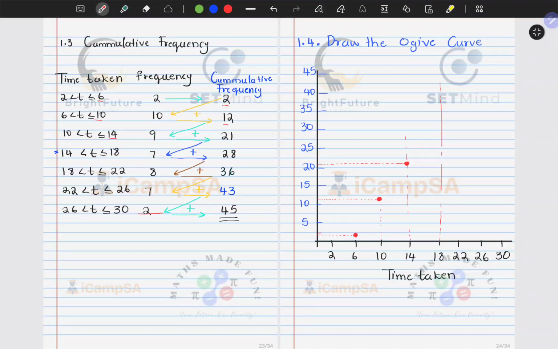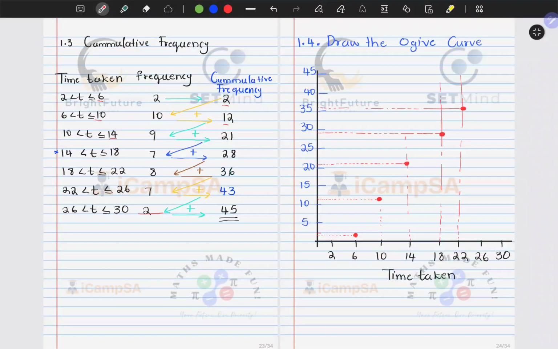So with 18, if you look carefully, we're at 28. And 28 is just below 30. So it should be something like that. Then we go into 22. So if you look at 22, it is at 36. So just above 35. Okay. So that means that is where we are at.